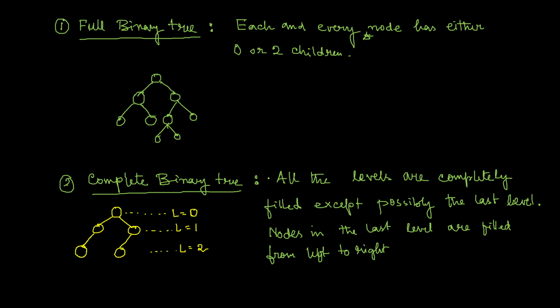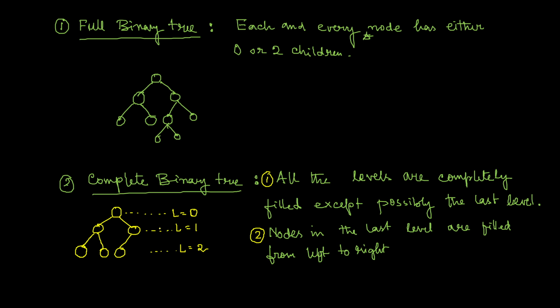So this first criteria is fulfilled with this tree, but the next criteria is not fulfilled. That is, nodes in the last level are filled from left to right. You have filled the left one, fine, but before filling the right one, you have filled this one. That means to make this tree a complete binary tree, I have to add this node over here also. Now it becomes a complete binary tree.